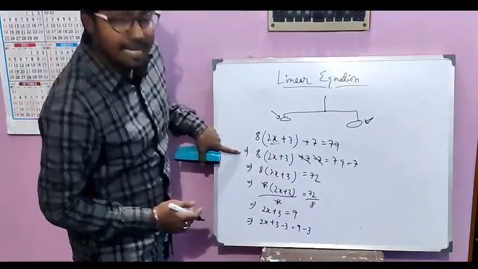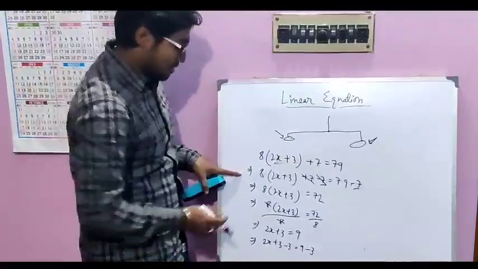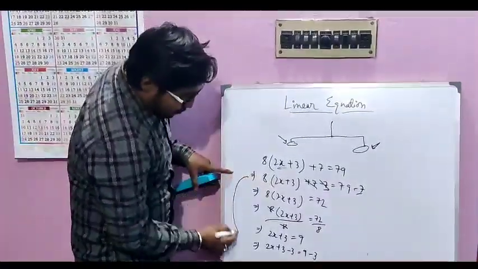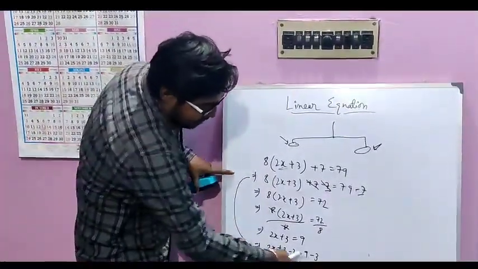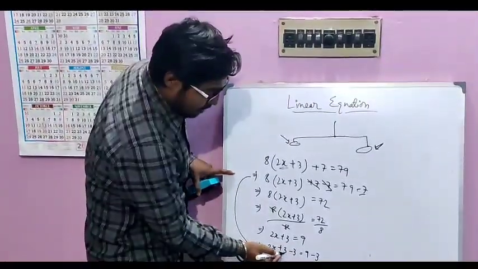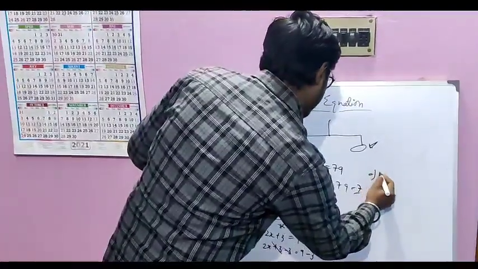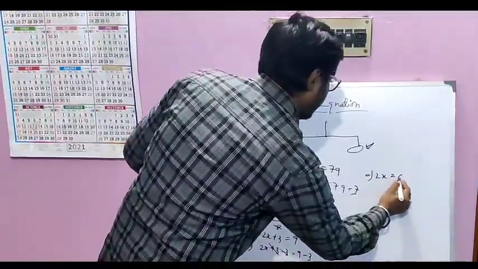Here you can see in the second step I have deducted 7 from both the sides. In this same step, now again I am deducting 3 from both the sides. Here plus 3 minus 3 got deducted, so we get 2x equals 6.